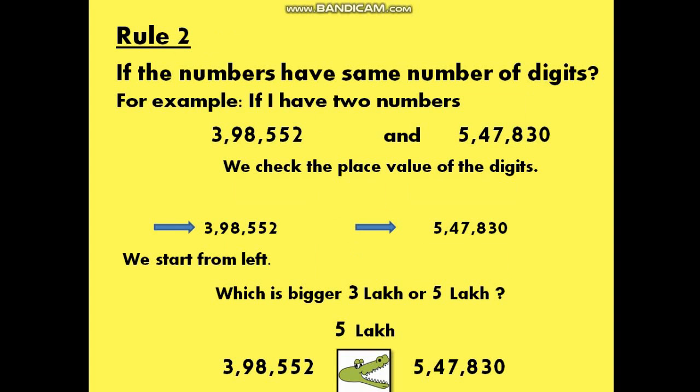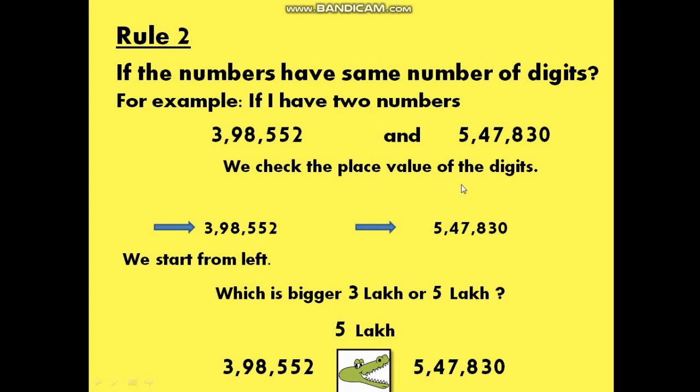Let us do rule 2. Rule 2 says if the numbers have the same number of digits, earlier we did where the number of digits in the numbers were different. Now look at these two numbers. This number is also starting from lakh, 3,98,552, and this is 5,47,830.